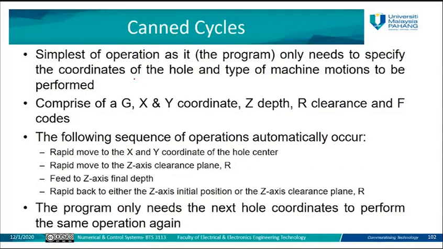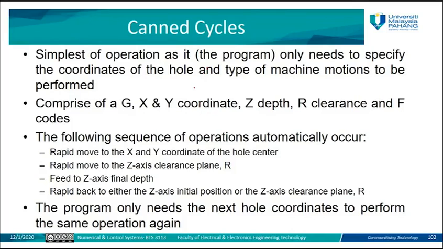So here it's the simplest operation. We are talking about the can cycle, and the definition is the same as a program. We mentioned subprograms before, but a subprogram consists of multiple codes, while the can cycle here just consists of one code.